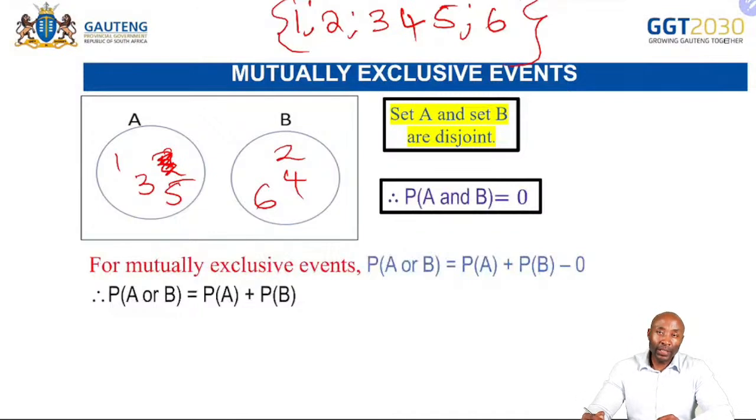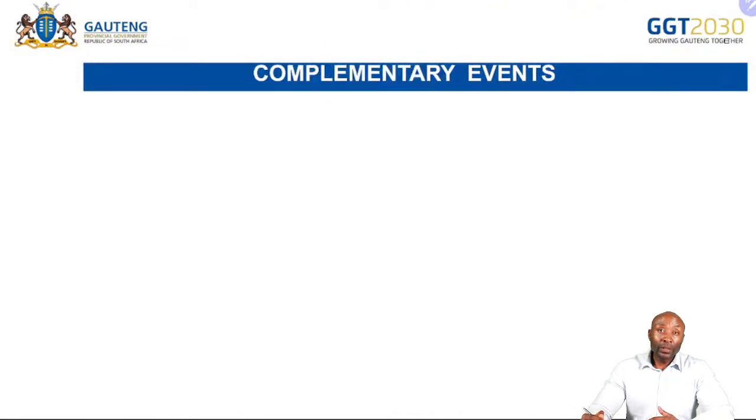There is no intersection, hence we get our answer as such. We are going to use this concept when we are answering questions later on.